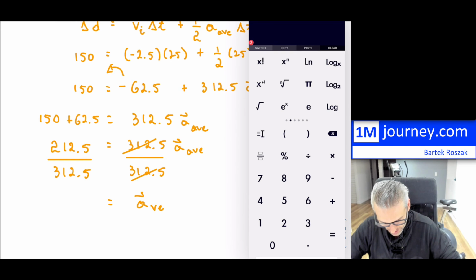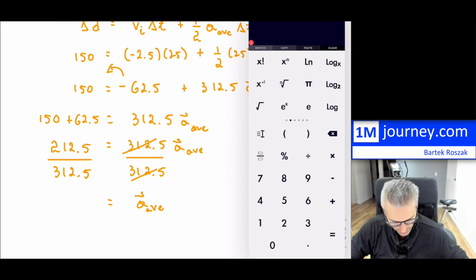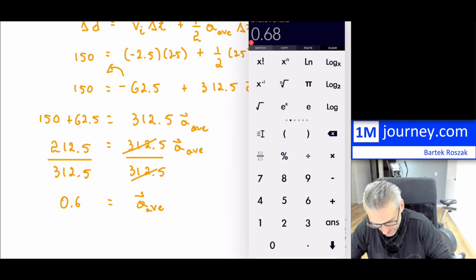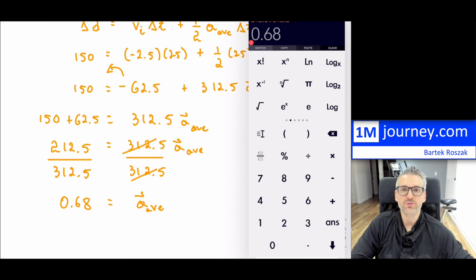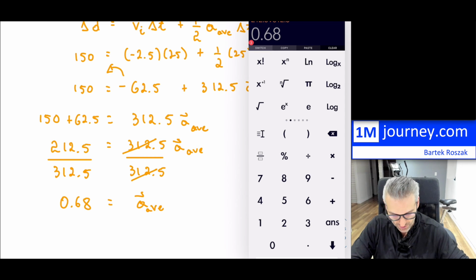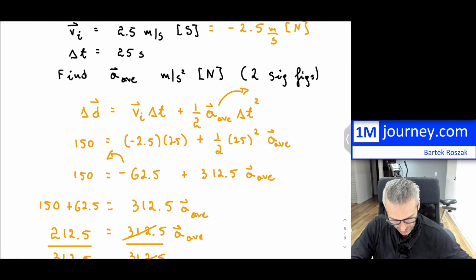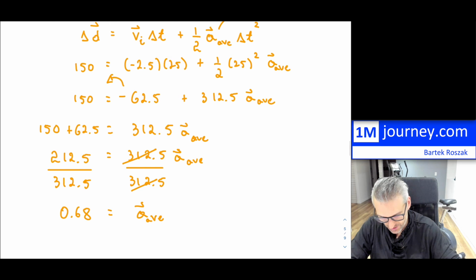All right, so let's see what this will give us. 212.5 divided by 312.5 is 0.68. Notice I didn't round anything before, and this actually worked out relatively well for us in terms of numbers. This is actually 2 significant figures, 1 and 2.